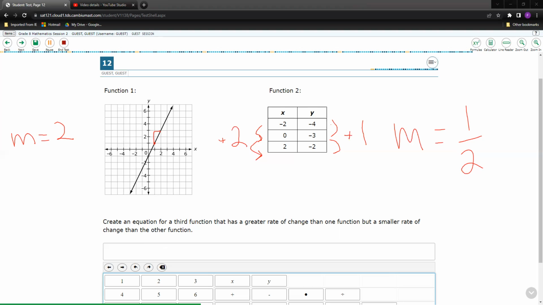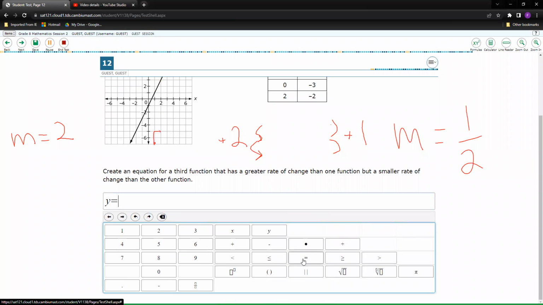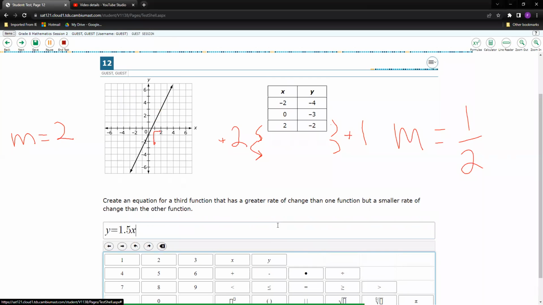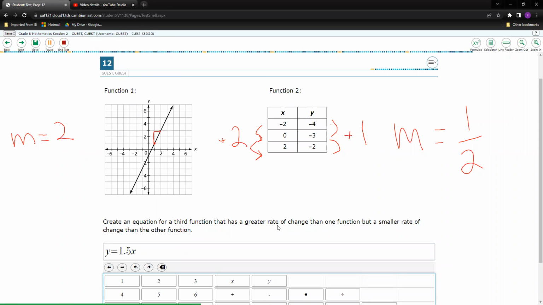So what about 1.5? That's more than 1/2, but less than 2, or even 1. So I'm just gonna write 1.5, I like, just below 2. y equals 1.5x. I don't need a y-intercept as we're not calculating any values here, just finding the slopes. That's it.